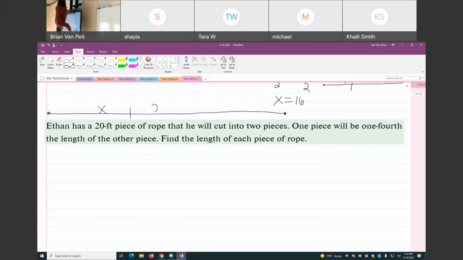Did you label the two pieces like that? One is x and one is 20 minus x. It's another equation here. Is there another one that you think comes from the words?